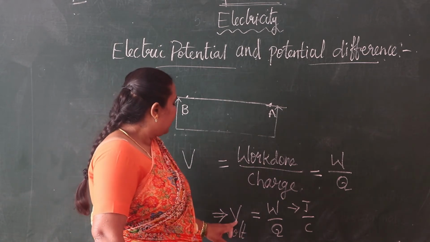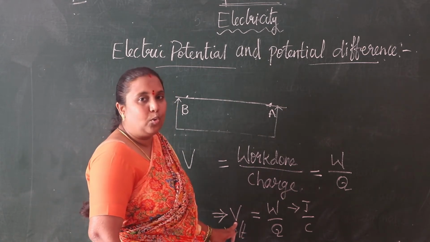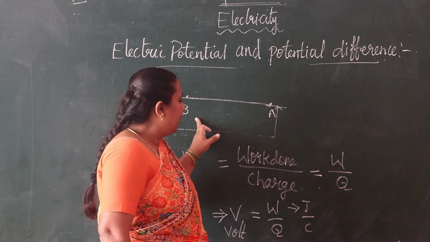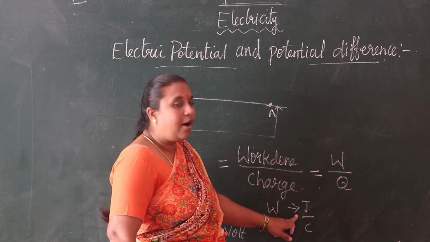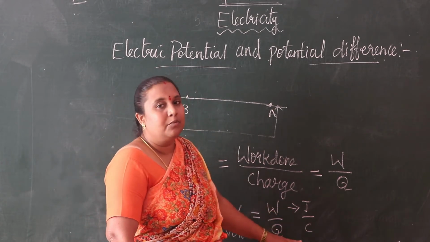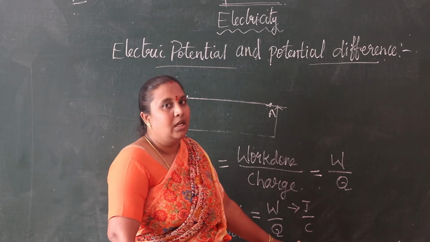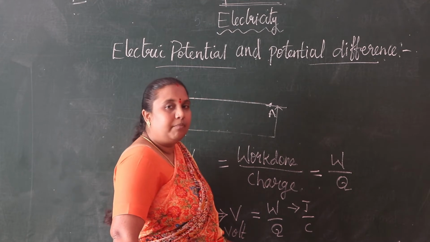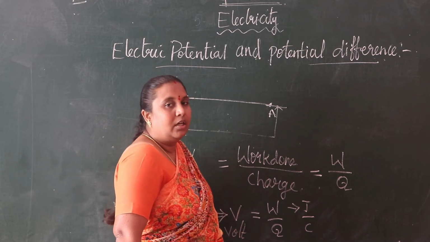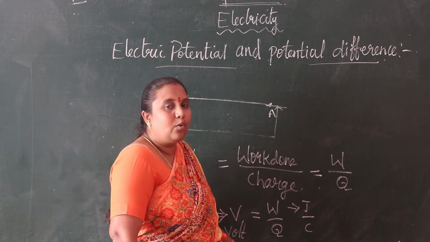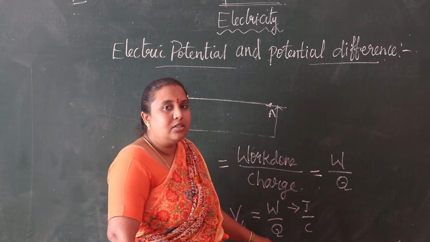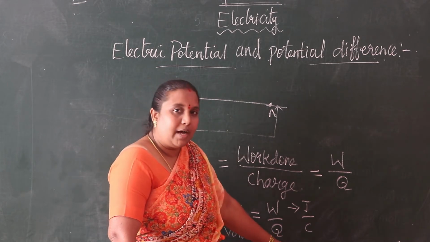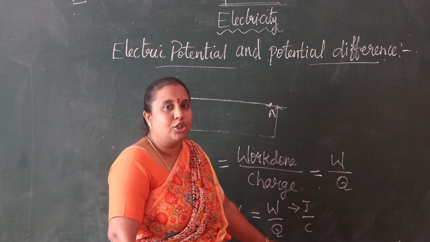So the potential difference between 2 points, A to B, has 1 joule of work done for 1 coulomb of charge. How to define a volt? 1 volt is equal to 1 joule of work done by 1 coulomb of charge.